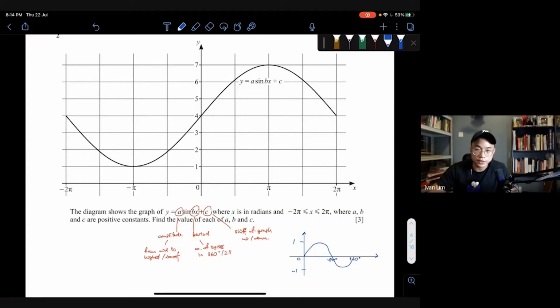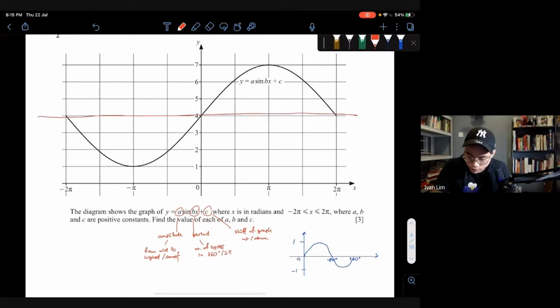I use this as a guide because this is my original sine graph. My original sine graph now became the graph above. First, identify where the middle is. So here is your middle line.